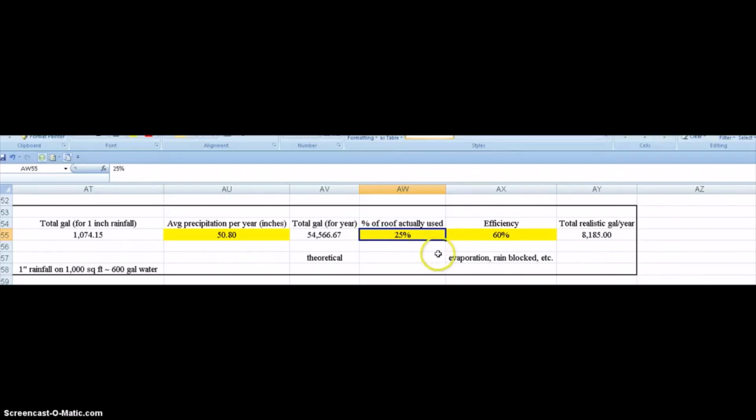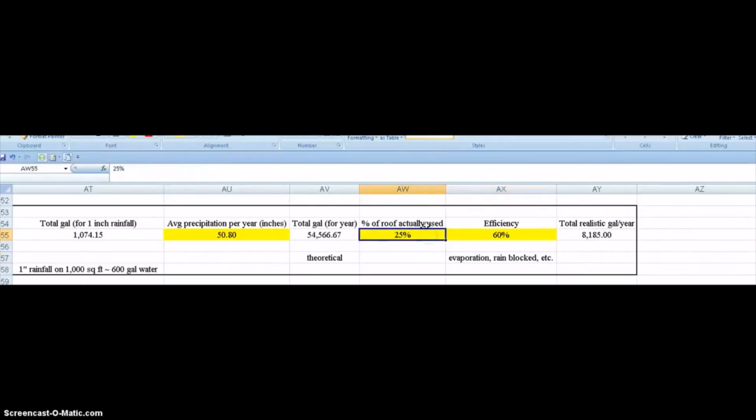You also want to take into account efficiency. So you have things like evaporation. Rain gets blocked by sticks and leaves and big clumps of pollen and the shingles on the roof and all this type of stuff. Leaves are usually the biggest culprit, and evaporation.